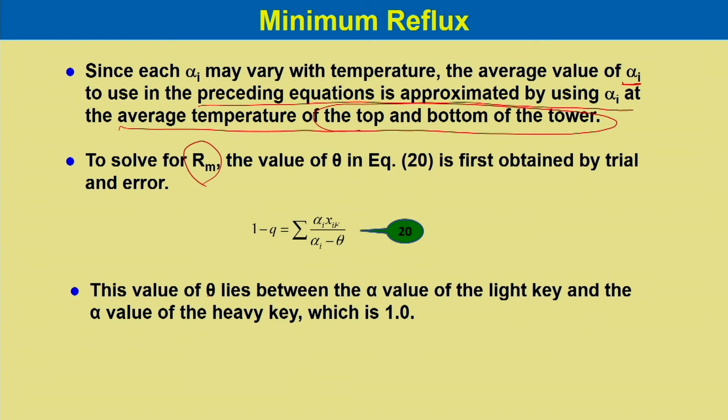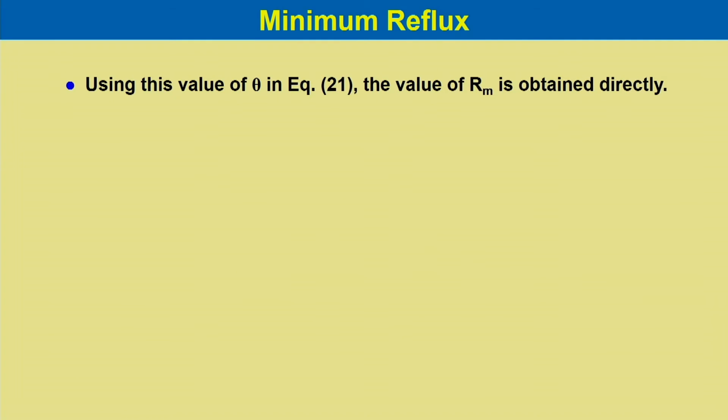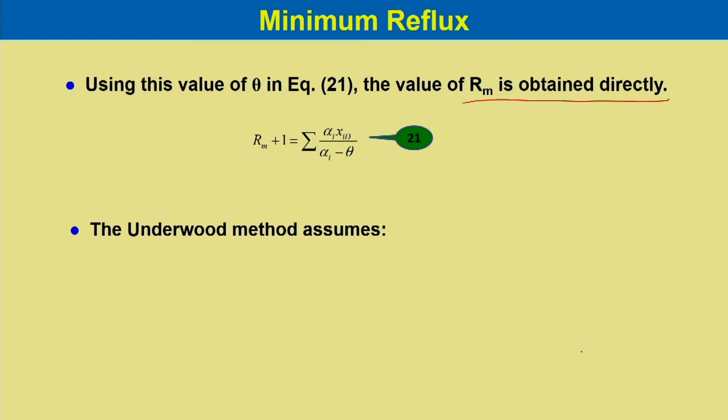This value of theta lies between the alpha value of the light key and the alpha value of the heavy key, which is 1. Using this value of theta in equation 21, the value of Rm is obtained directly. So, the Rm equation is here and we can obtain Rm from this equation.